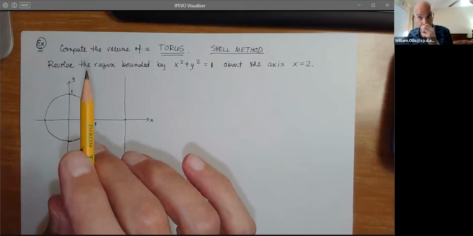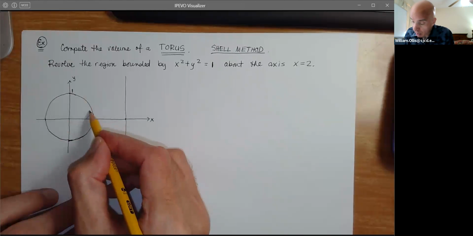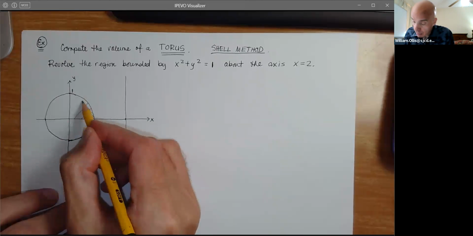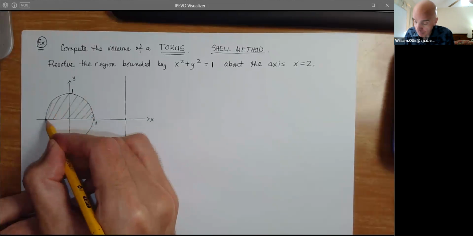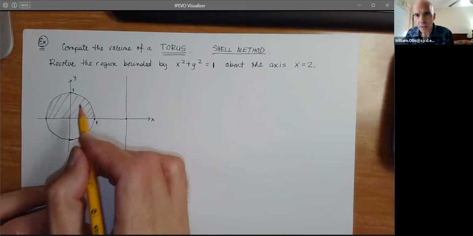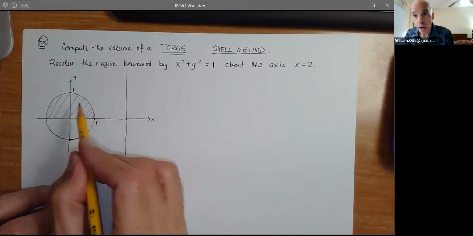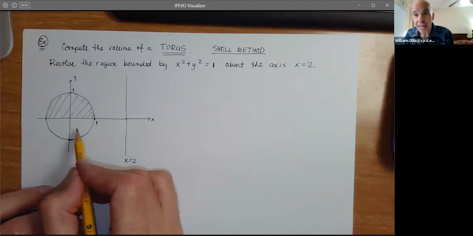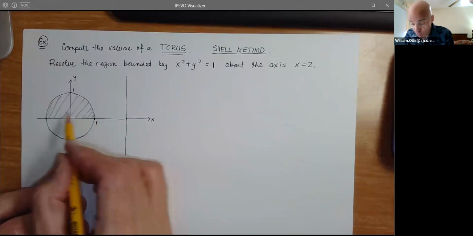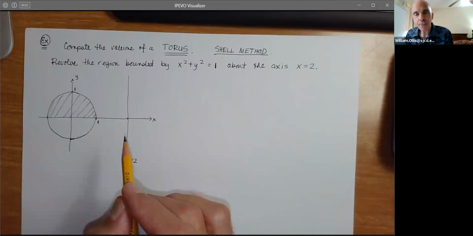So here's what I propose to do. I'm going to shade the upper portion of the unit circle, the region bounded right here. This is very important. If I revolve the upper portion, that will produce the same volume as the lower portion. And so I can use symmetry, I can double the result.